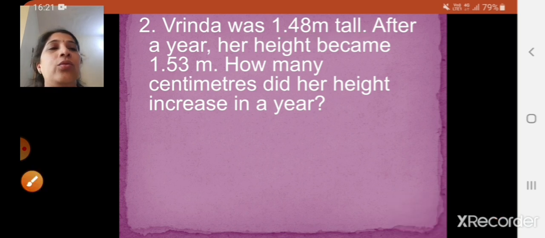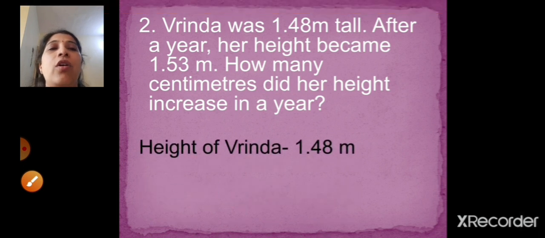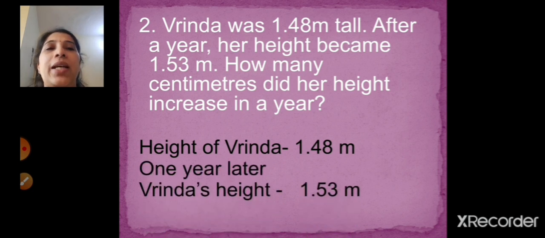So what will you do? First you will write the height of Vrinda. What is it? 1.48 meter. Now 1 year later, what is Vrinda's height? It is 1.53 meter. So we have understood now. Now we will carry out the subtraction. Right? Now you can see 1.48 meter and 1.53 meter.